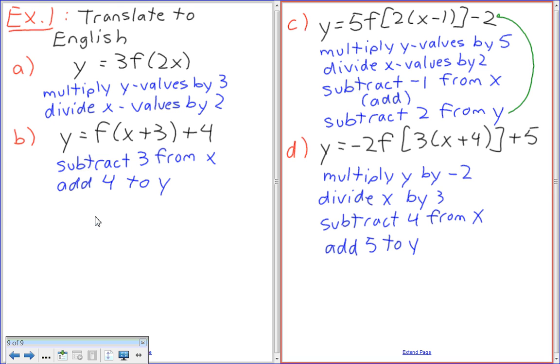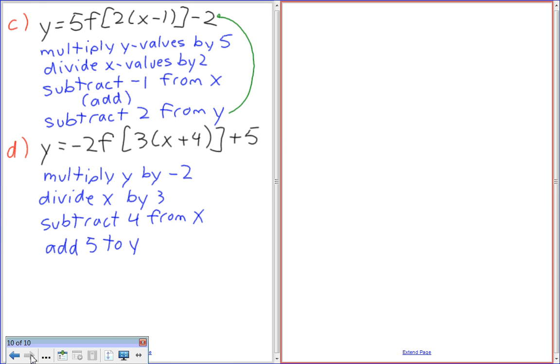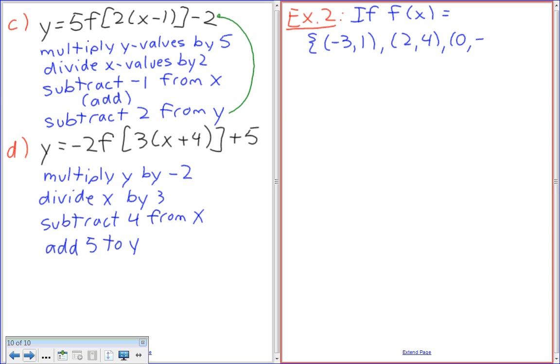Here we go, example 2. If f of x. All right, here we go.